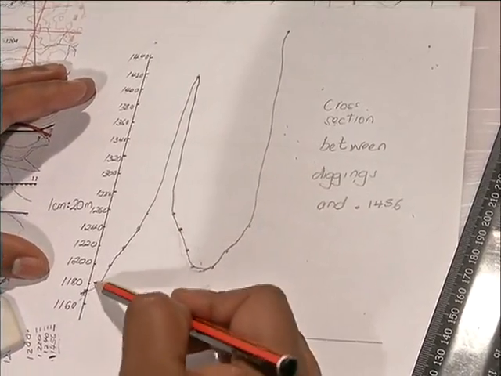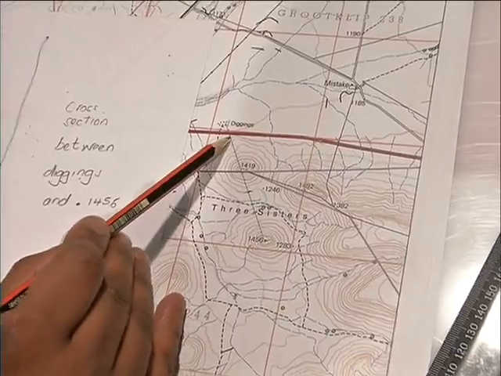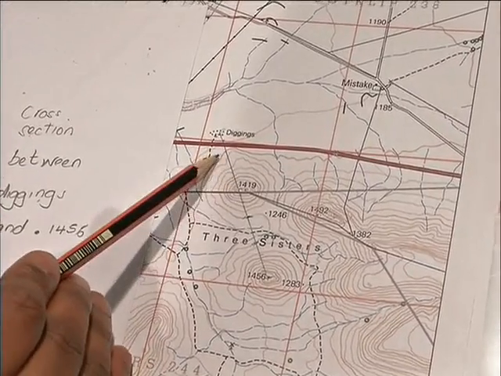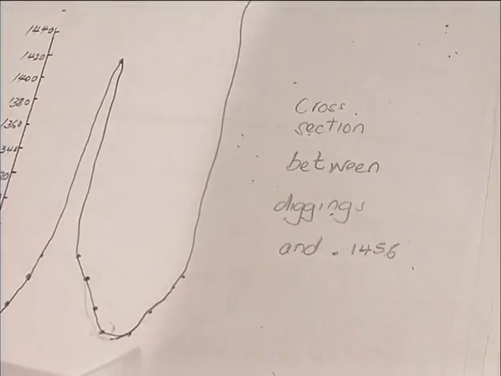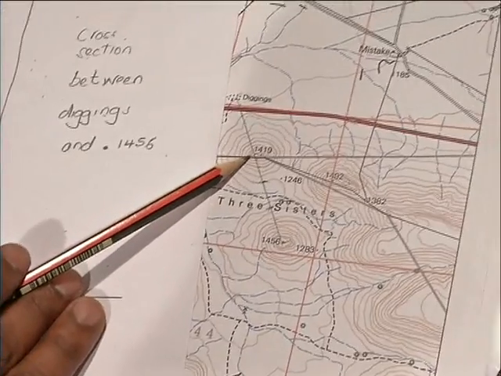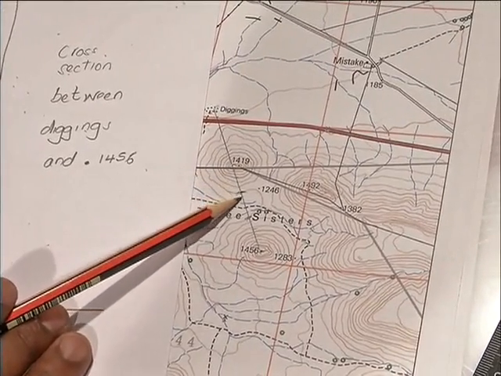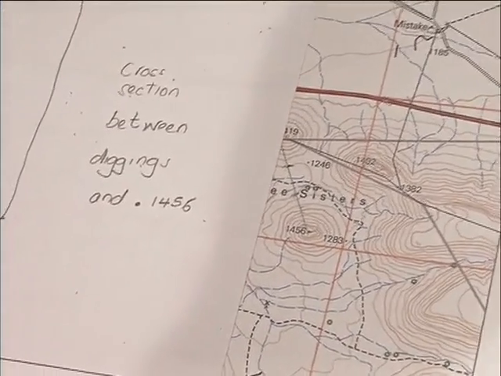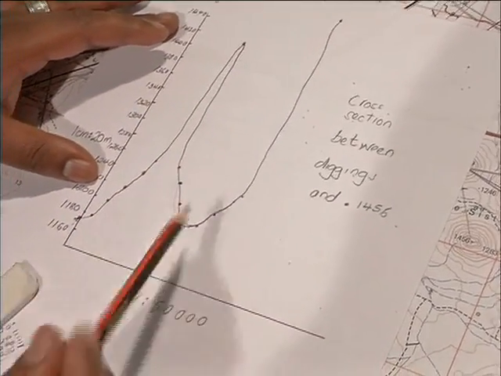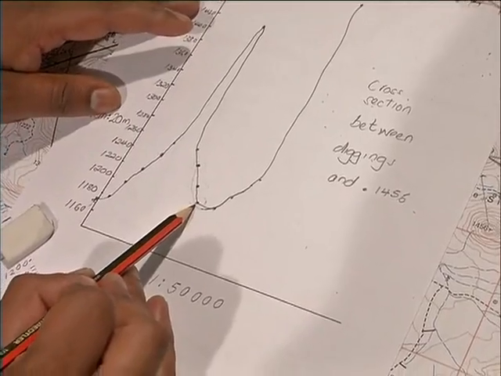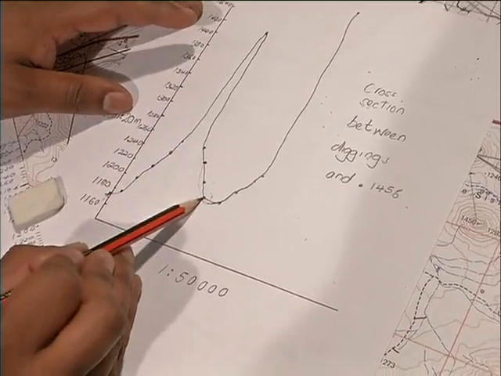Note, there is a steepness of the slope, and if we look back at our contours, the slope is steep because the contour lines are close together. Let's go back from there to there. Note the decrease as you move away. The contour line starts spreading out, and look at how it decreases downwards to the point where you reach 1200, which is there.